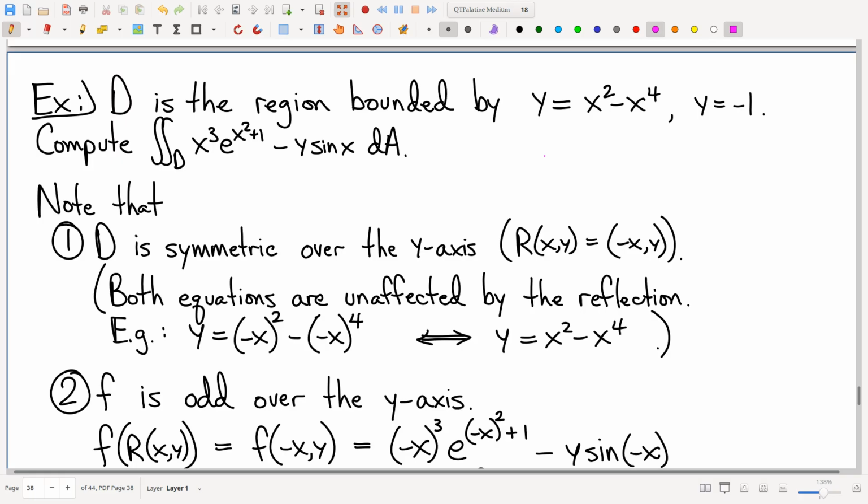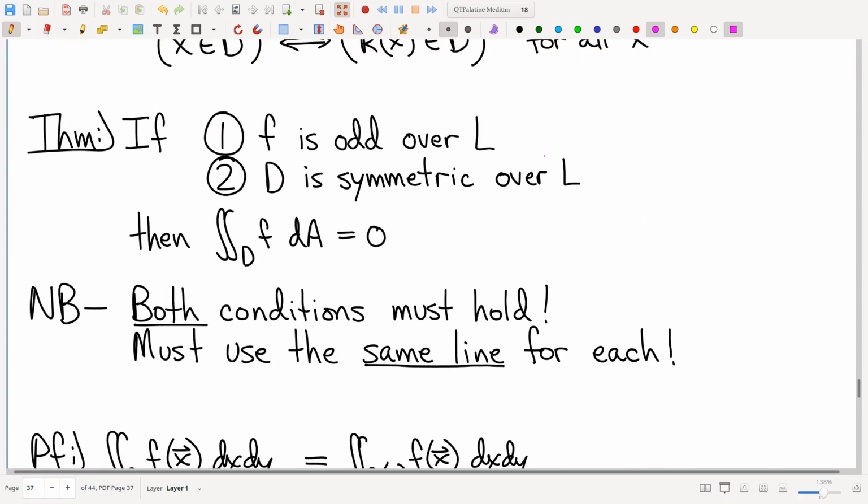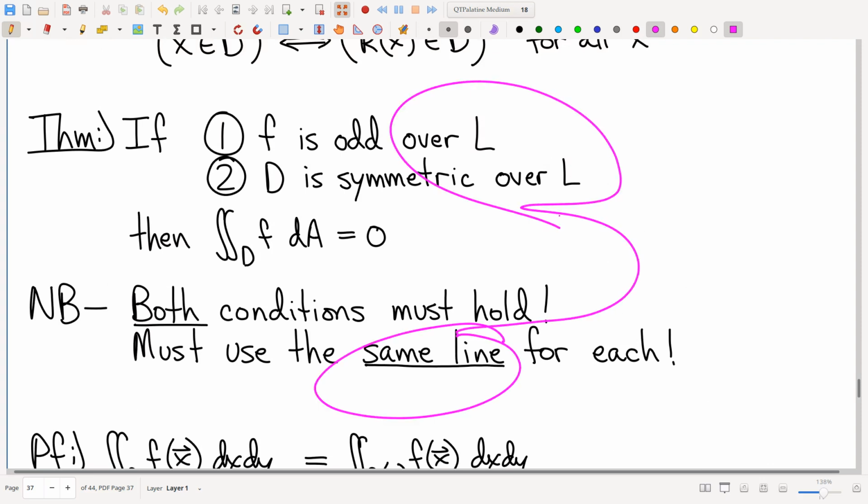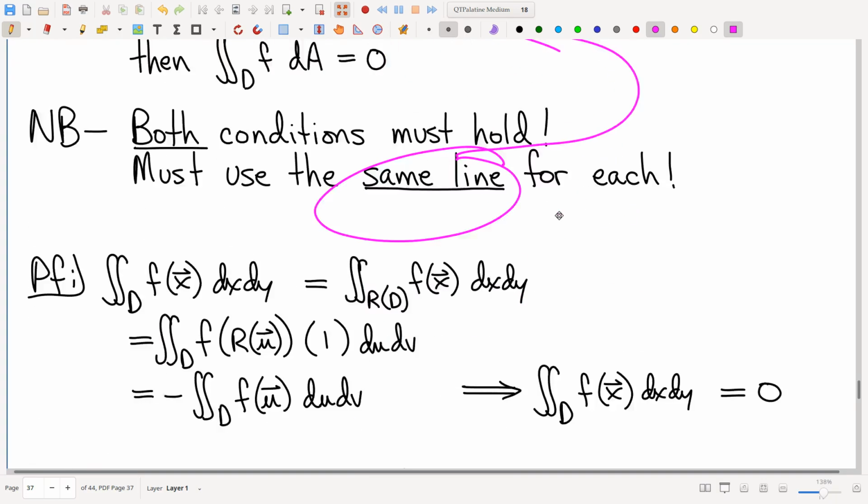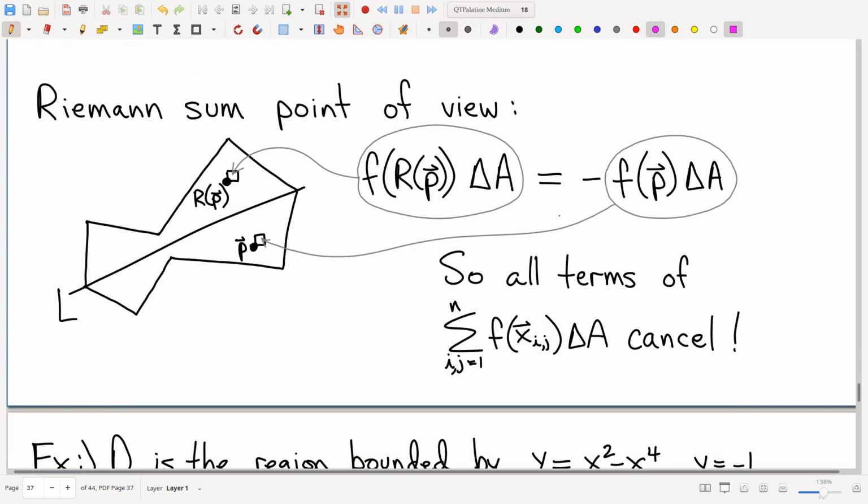So this one also is symmetric over the y-axis. You can do the theorem for that one, but you can't do it for the second one, and I'm confused why. Because the theorem requires that we use the same line for both of the symmetries, right? That's sort of the only way that this Riemann sum cancellation is going to work. I've got to know that the terms pair up over the line, but I need them to also be odd over that same line. Otherwise, the argument's nonsense.